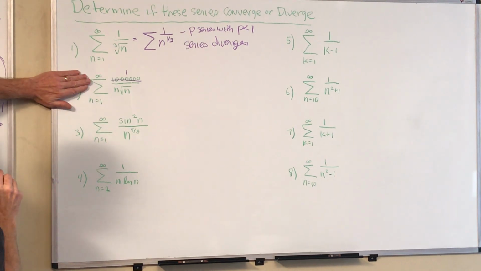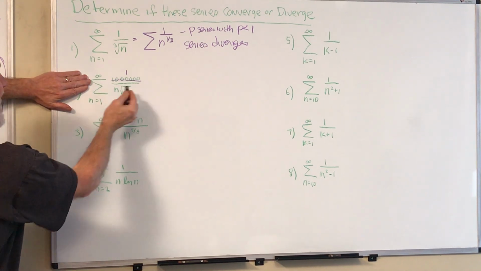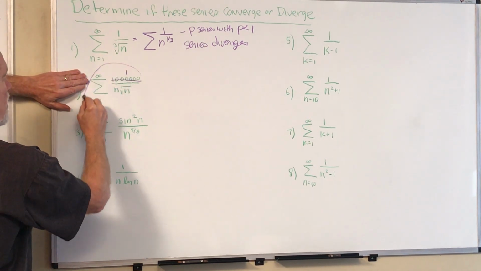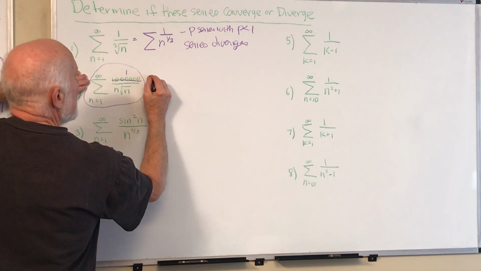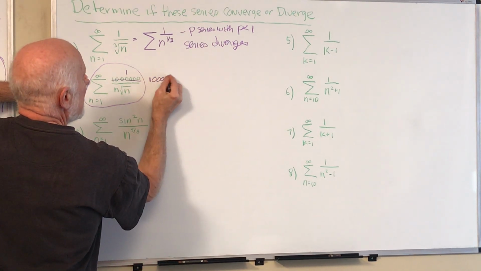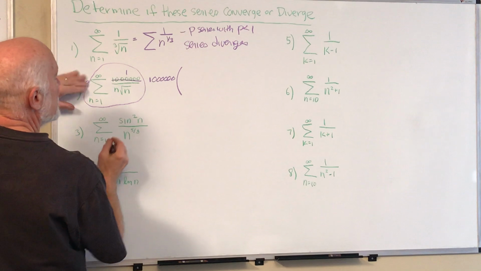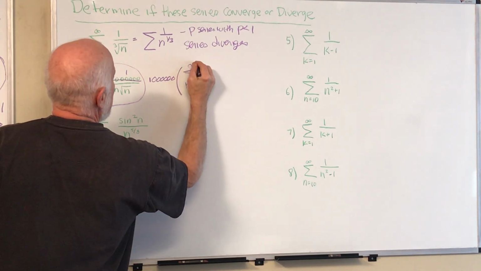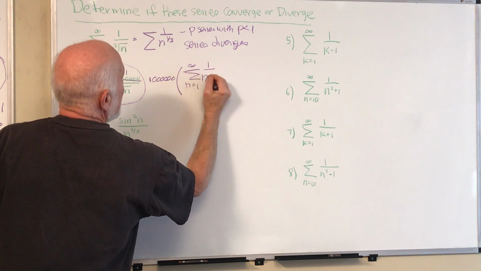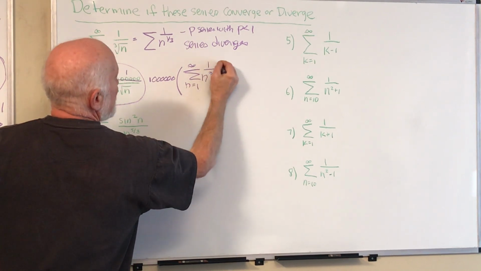So then I just have a million times what this series converges to, if it converges. And what do we have here? We have a million times the series n equals 1 to infinity of 1 over n to the 3/2.